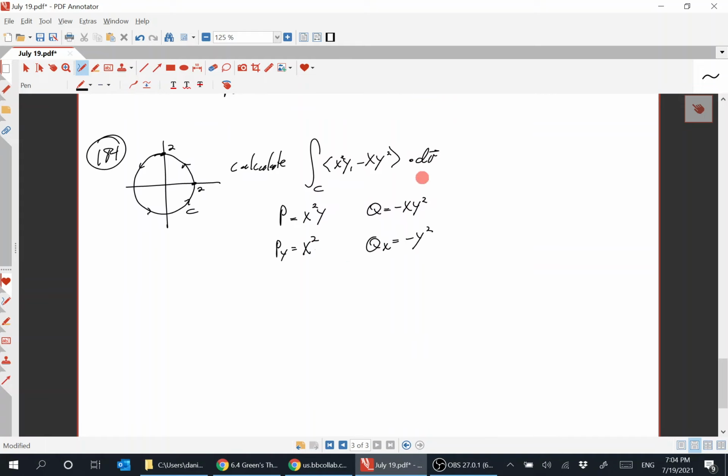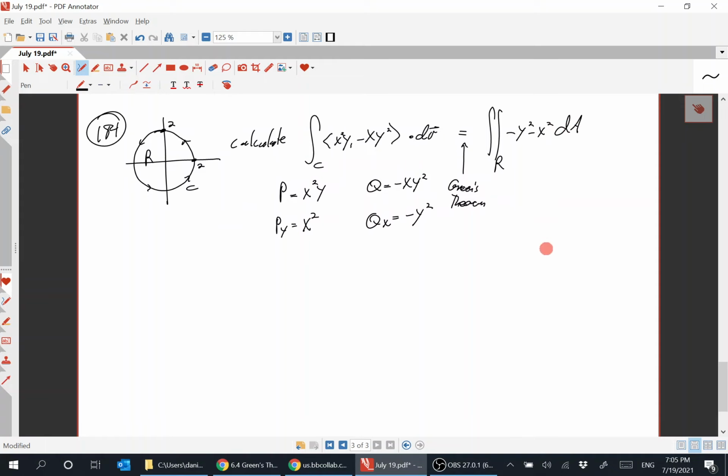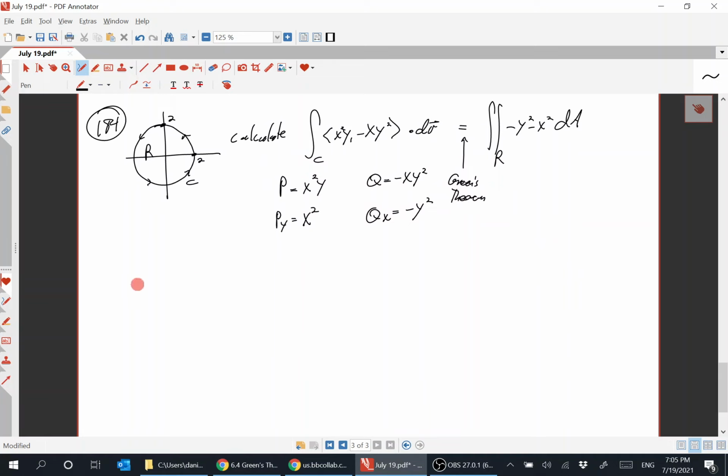So, via Green's theorem, this becomes the double integral over R, which is the interior of the curve, of Q_x minus P_y dA. So this is equal to negative the double integral over R of x squared plus y squared dA.